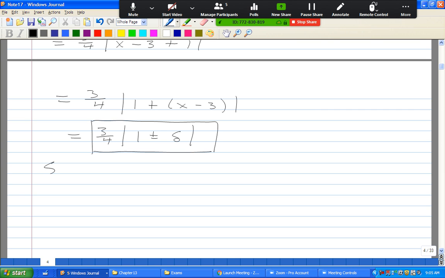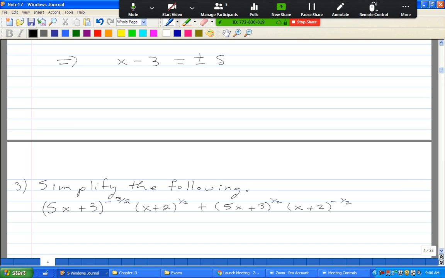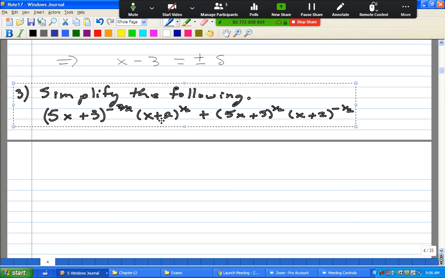And this is since delta equals absolute value of x minus 3. This implies that x minus 3 without the absolute value is just plus or minus delta. And I just replaced x minus 3 by plus or minus delta. Okay, so let me do problem number 3. I can use this extra space here.